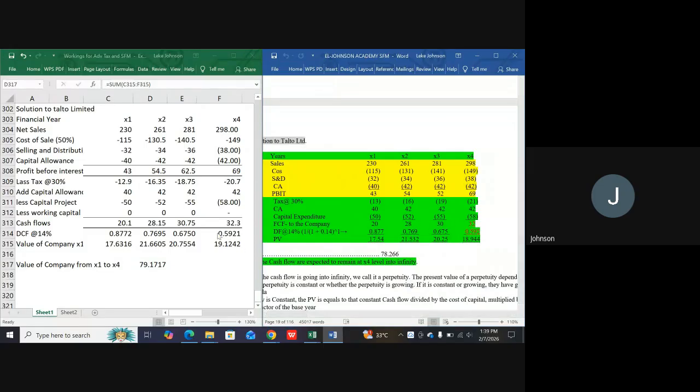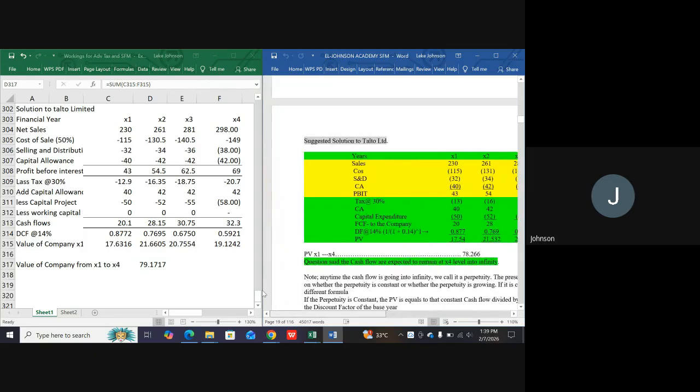So 32.3, which is not bad. Then we have our discounting factor. Okay, they reduce it to three. So this is okay, still fine. Then we have 17.50, what, 21 point something, 20 point, 18 points. So this is now 19. So we are not far away from each other. We are very, very close. Okay, so that is fine.